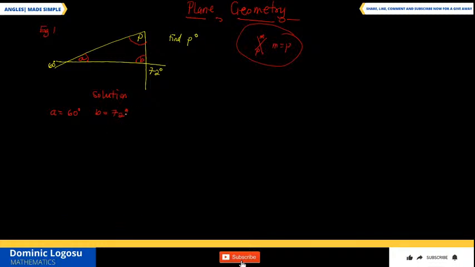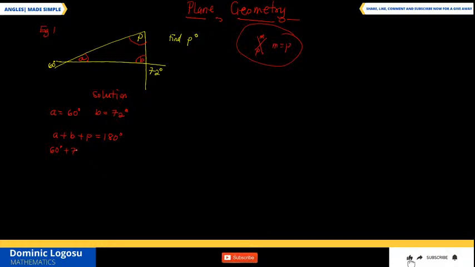Once I've established that, I can say A plus B plus P should give me 180 degrees. Why? Because A, B and P are angles in the triangle, and the sum of angles in a triangle should be equal to what? 180 degrees.